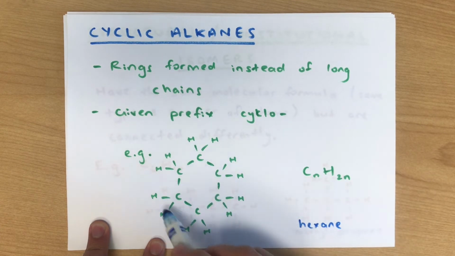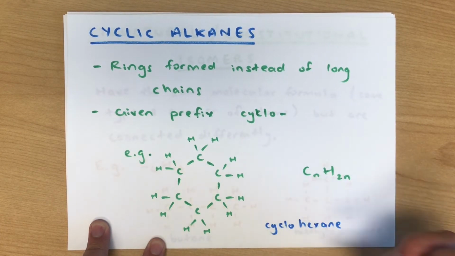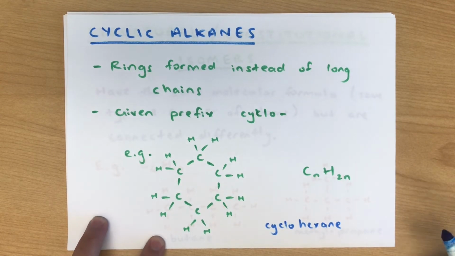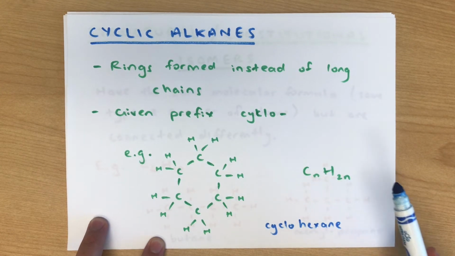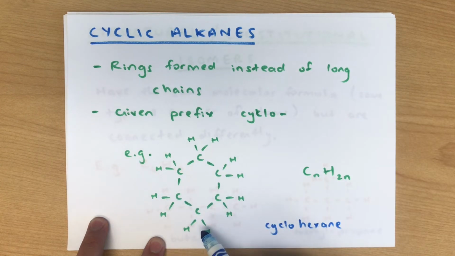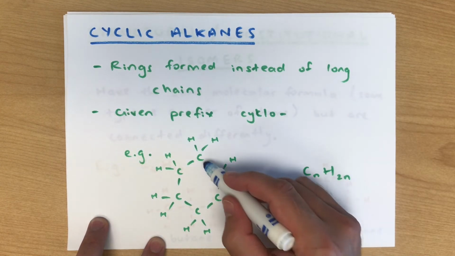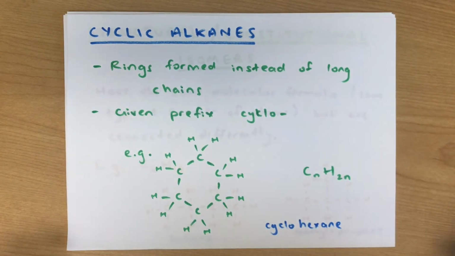But because it's in a ring, we need to give it this prefix, cyclo. So this is cyclohexane. All cyclic alkanes have the general formula CnH2n. Our original alkanes had the +2 there. Our cyclic ones don't have that. We lose 2 hydrogens by connecting up the 2 end carbons and closing that ring.